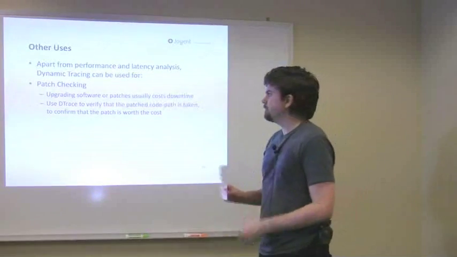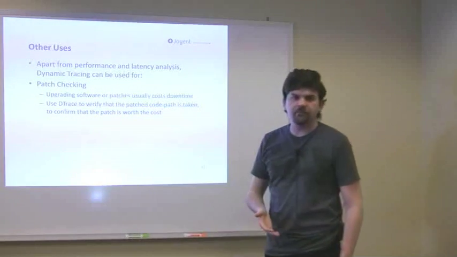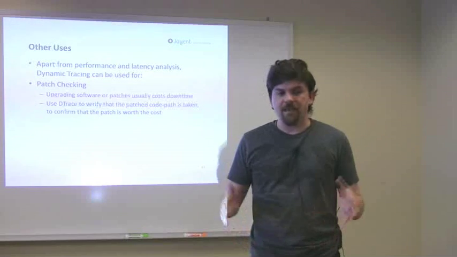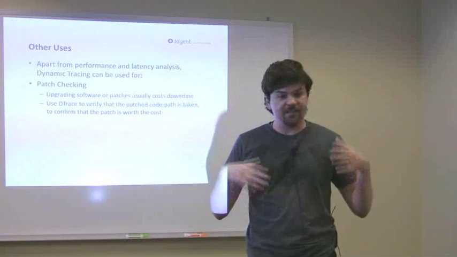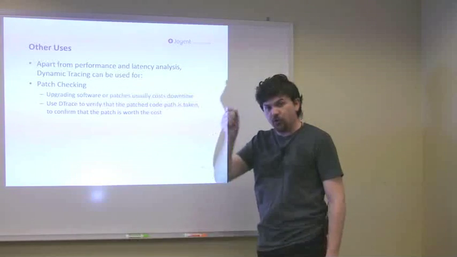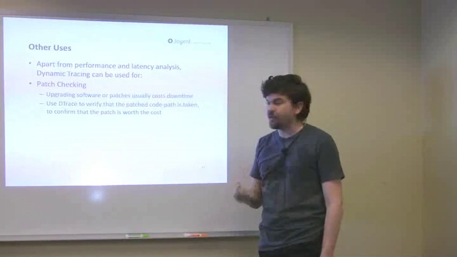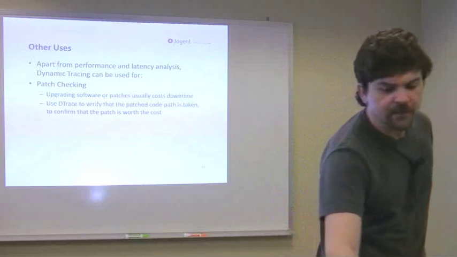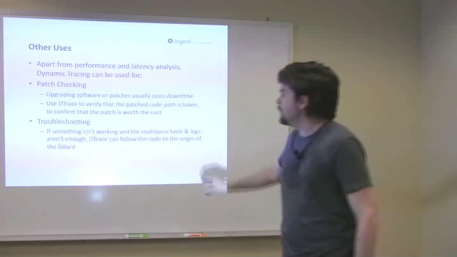And so applying patches and then restarting applications or databases has costs: downtime, and that's money for the customer. And so DTrace can actually be used to check that you're hitting that code path that's being patched, so whether the patch will be worth it. Just an interesting use of DTrace.